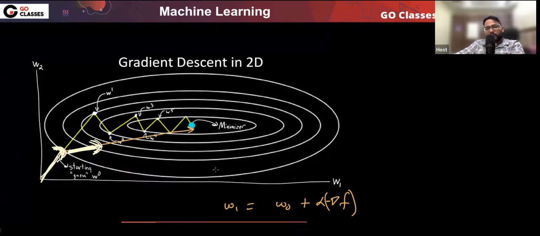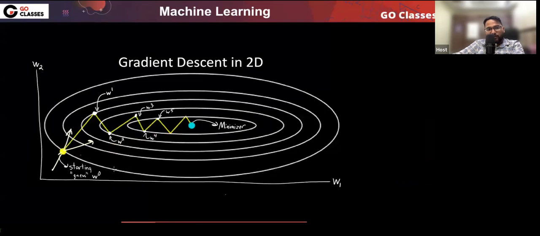If you add these two vectors, the visualization might not be too good here, but basically just imagine something like this. Suppose this is your W naught, this is your negative gradient. Let's suppose these are the two vectors. If you add them, then there will be a third vector, that is W1. So you are going here.